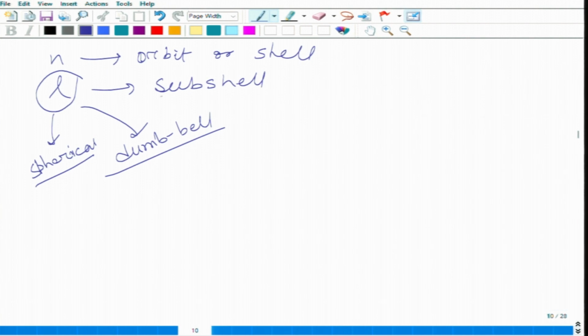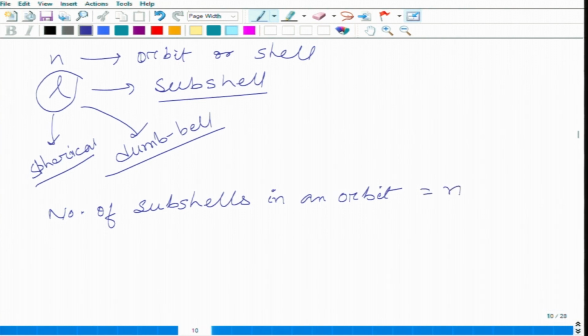Now, there can be various subshells in an orbit. So, the number of subshells in an orbit is equal to n. That is, the number of subshells is equal to the principal quantum number n. Now listen very carefully. A subshell is denoted by L, but the total number of subshells present within an orbit is equal to the principal quantum number n.